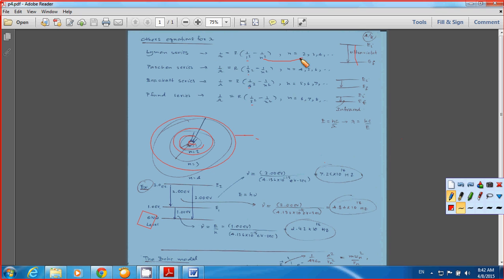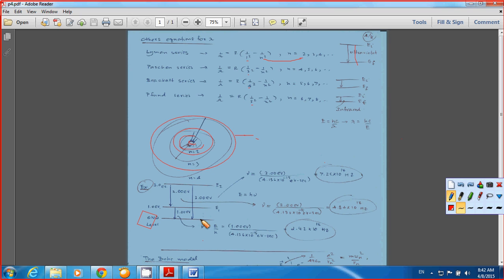What I have here is to try to explain. For example, you have the ground level E and you have the E1 level at an energy of 1.0 electron volt and E2 at an energy level of 3.0 electron volt. As I mentioned earlier, the electron tries to come back to the ground level, which has a lower energy. So the possibilities are that it can come back to the ground state by E2 to E1, E2 to ground, and E1 to ground.